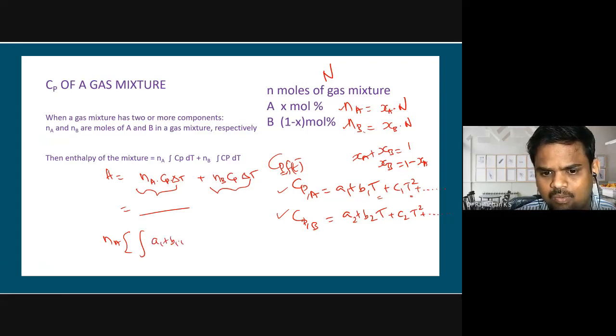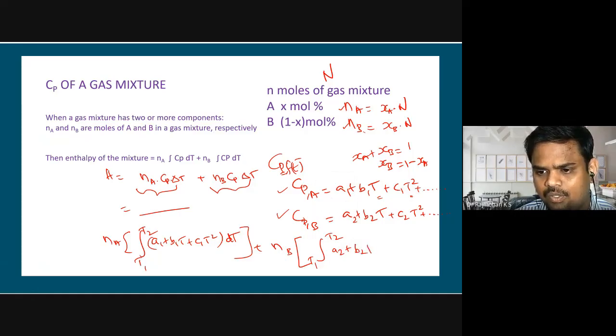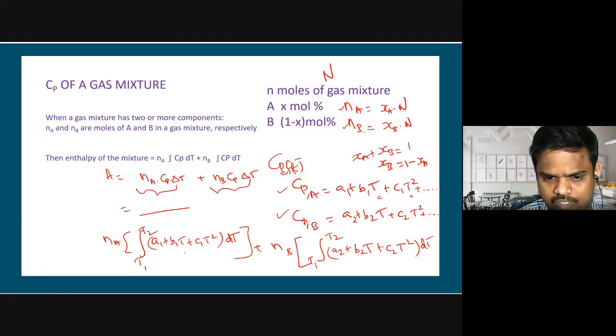of A1 plus B1 T plus C1 T square dt between the temperatures T1 and T2, plus Nb into the integral from T1 to T2 of A2 plus B2 T plus C2 T square dt. Okay, after integration, what are we going to get?